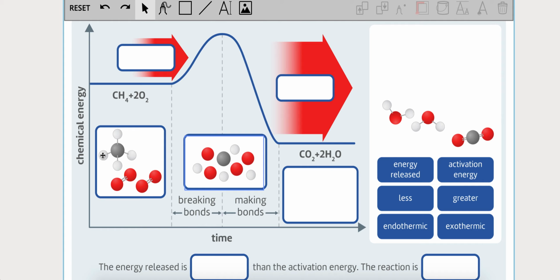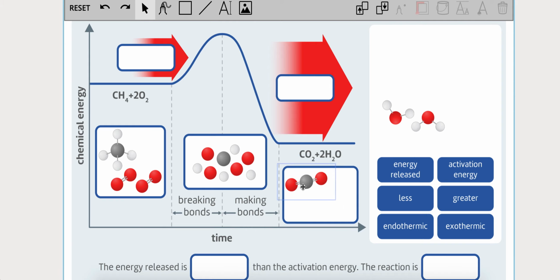So we started off with 4 white circles, so we've got 4 white circles still here, 1 grey one, then we've got 4 red ones here, 1, 2, 3, 4. What we're then told is that new bonds are made, where we end up with CO2, keeping in mind that carbon is the grey one, and our oxygen is the reds. So we've got CO2.